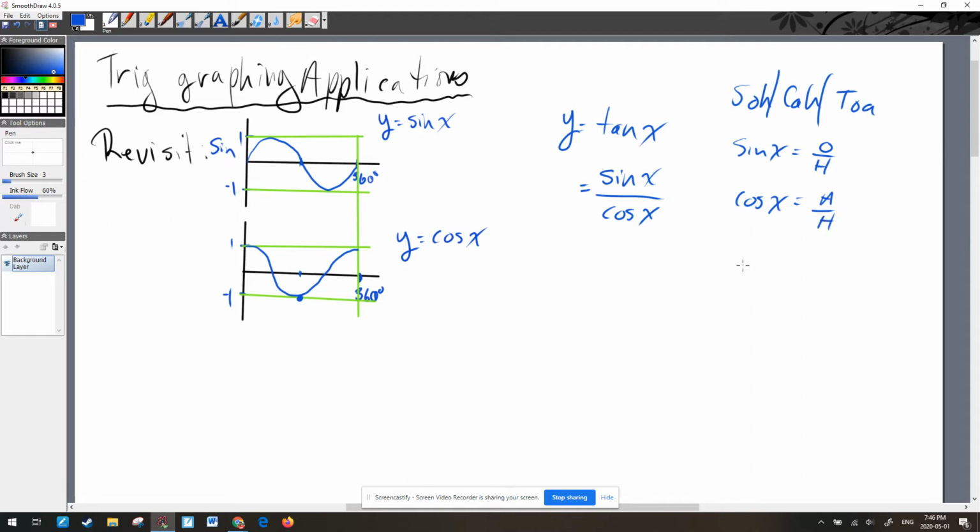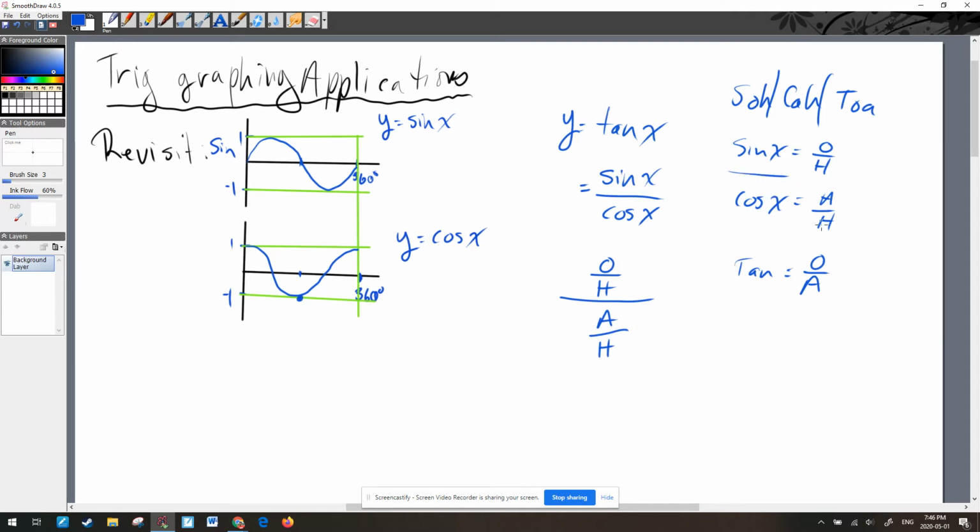And tan, we know, is opposite over adjacent. Look how that plays out. If I do sine x divided by cos x, that means O over H is going to be divided by A over H, because I said that tan is sine over cos.